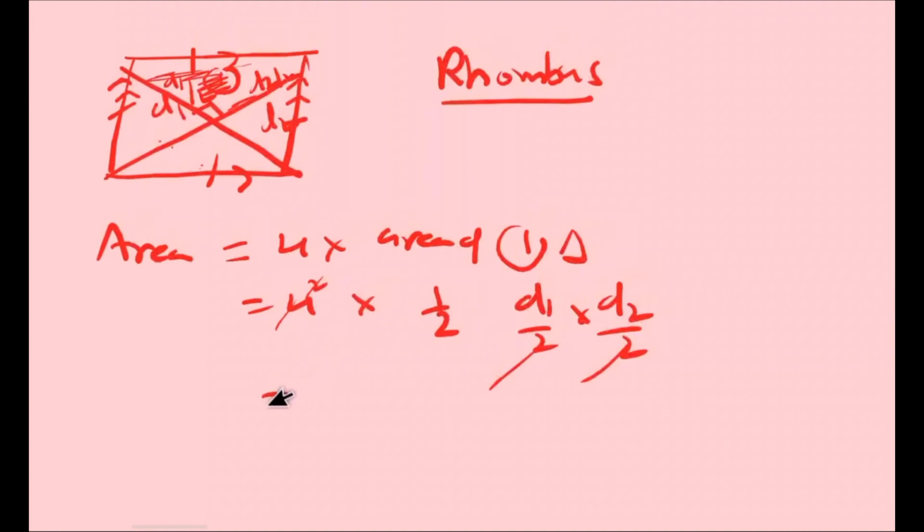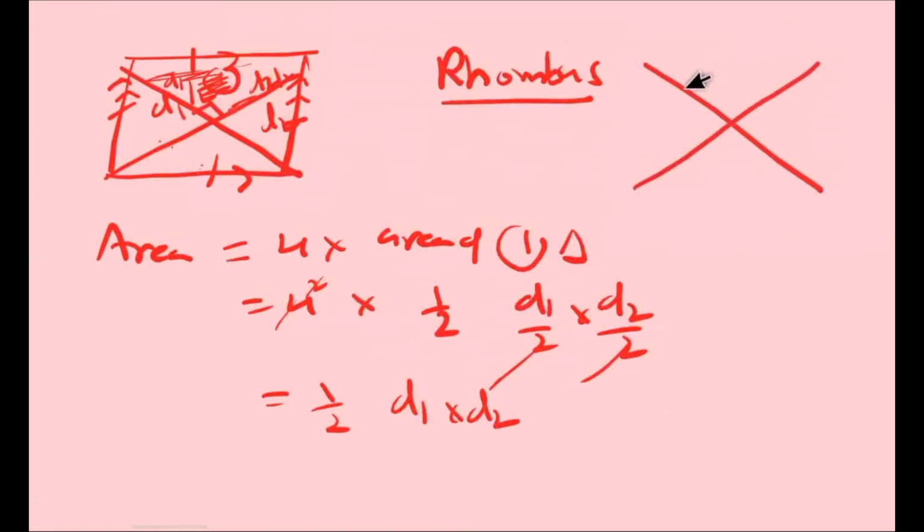So what is left here? Half into product of diagonals. These diagonals are divided here, D1 by 2 and D2 by 2, at 90 degrees, and this side we are using. What is the relation between side and diagonal?